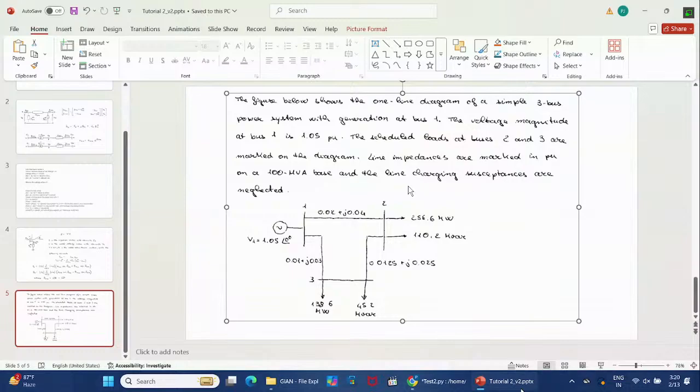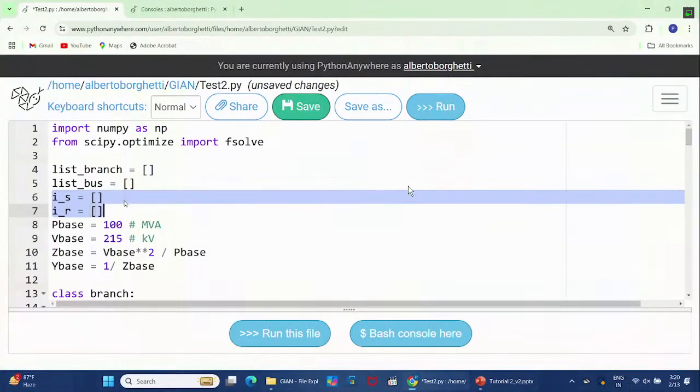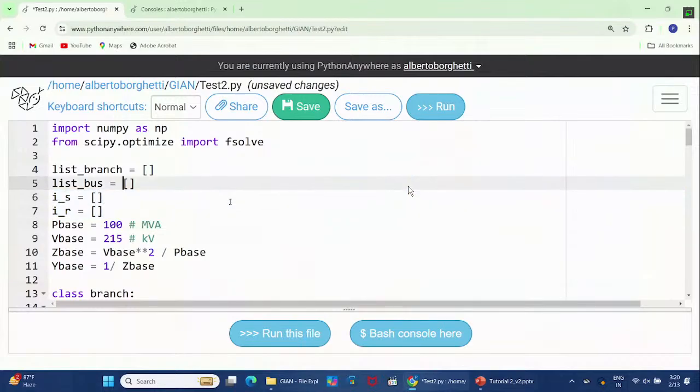So in our list, instead of these two things, IS and IR, I can put also a comment here, but I can also delete. The hashtag is needed to do the comment.